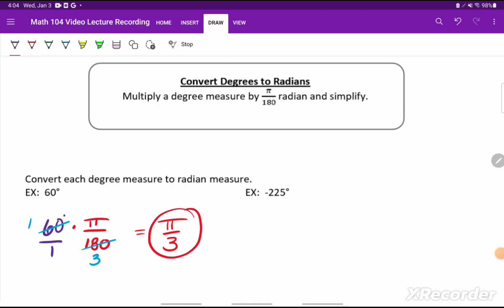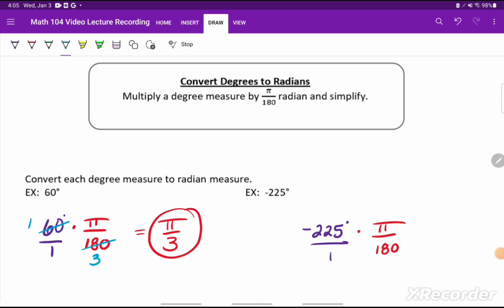Let's try another one. Converting negative 225 degrees to radians, we'll simply multiply by pi over 180. Since we're multiplying fractions, we have the option of simplifying first by cross-canceling.